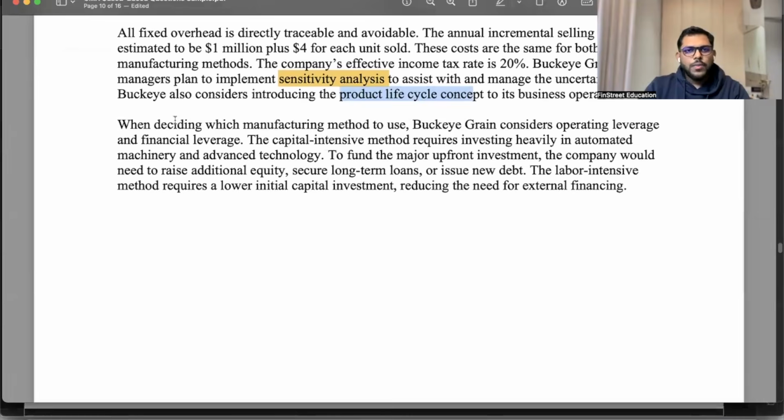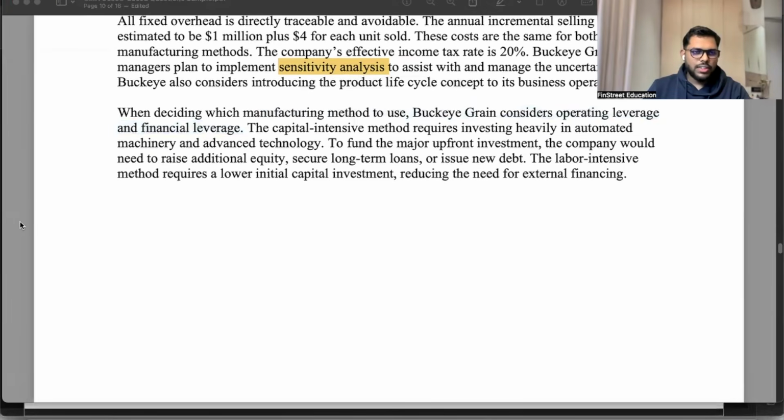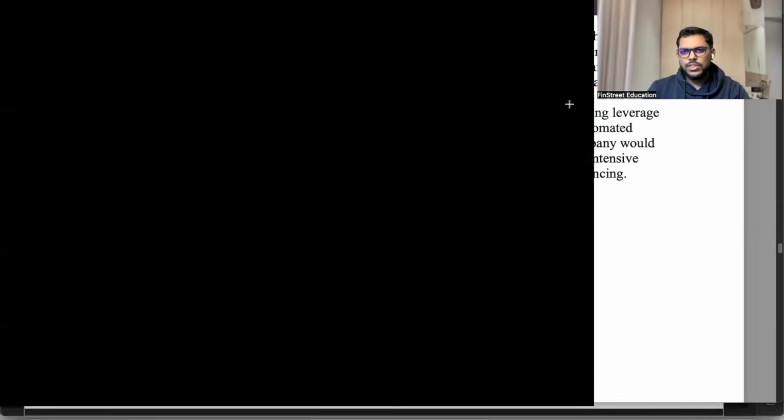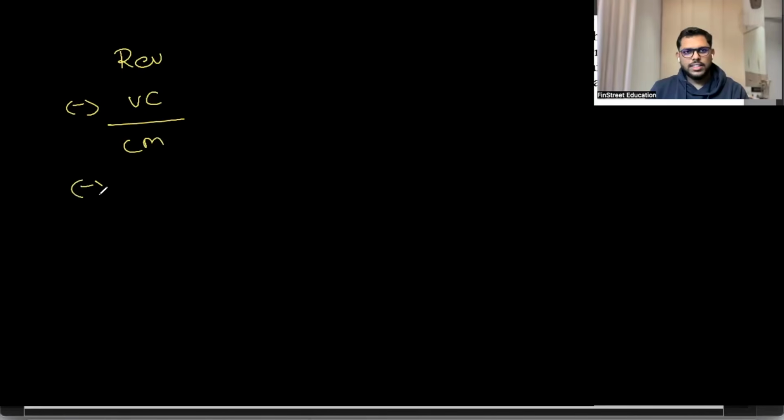Next. When deciding which manufacturing method to use, Buckeye Grain considers operating leverage and financial leverage. Now let me also revise this point. What is operating leverage? How does operating leverage come into picture? What do you think, guys? Operating leverage कहाँ से आता है? Uses fixed cost to magnify the returns. Correct.